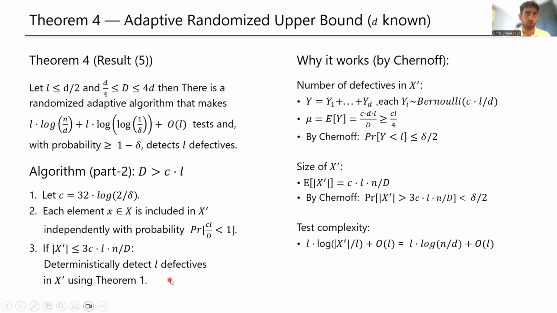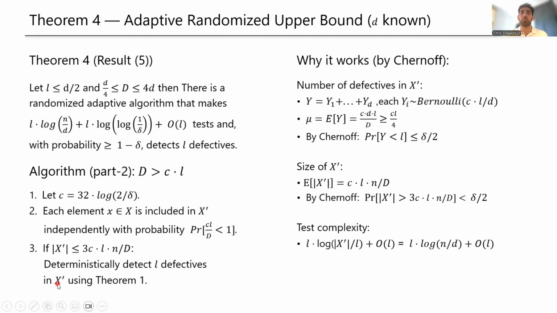Why does this actually work? Because in general, if X prime is a new group that has at least L defective items, we can run any deterministic algorithm over the new group X prime to get the upper bound. So this is what we're going to do basically in this theorem.